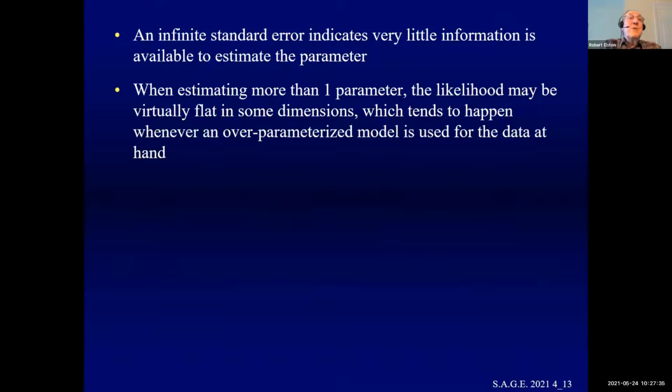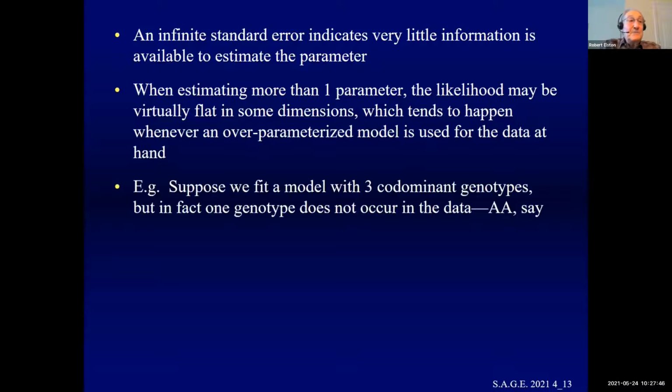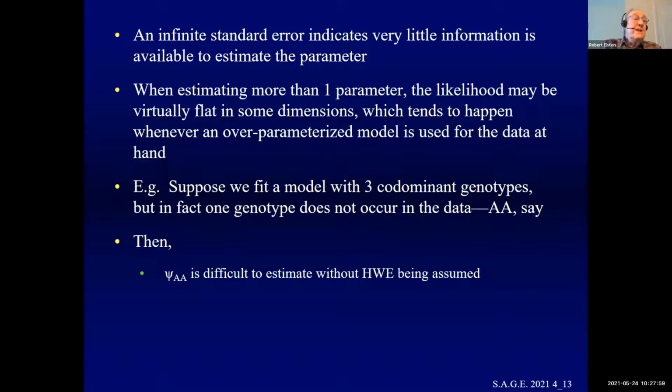When estimating more than one parameter, the likelihood may be virtually flat in some dimensions, which tends to happen whenever an over-parameterized model is used for the data at hand. For example, suppose we fit a model with 3 codominant alleles, but in fact one genotype does not occur in the data, say the AA doesn't. Then the probability of psi-AA in the population is difficult to estimate without Hardy-Weinberg equilibrium being assumed.